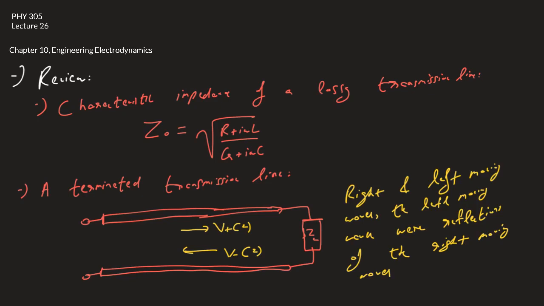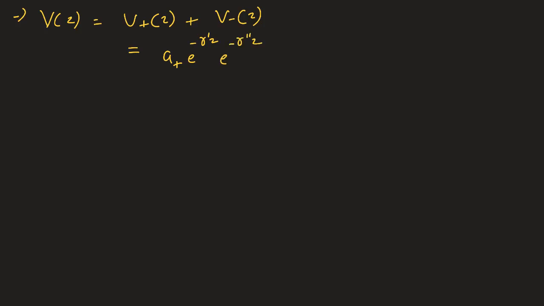And basically what we did was we found the reflection coefficient, and we'll get to that in just a second. So the voltage at any given spatial location V of Z was equal to V plus of Z plus V minus of Z. And the way that the amplitudes were related was that this becomes equal to A plus, which is just the amplitude of V plus, e to the minus gamma prime Z, e to the minus gamma double prime Z, plus the reflection coefficient gamma L times the amplitude of the right moving wave A plus, e to the power positive gamma prime Z, e to the power positive gamma double prime Z, right?